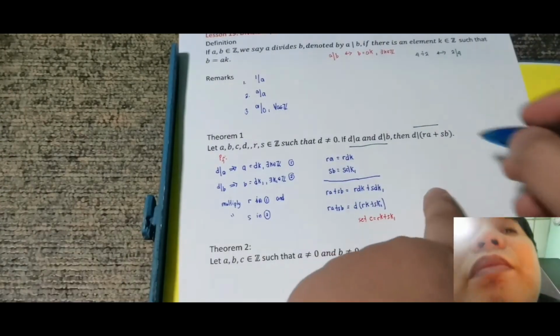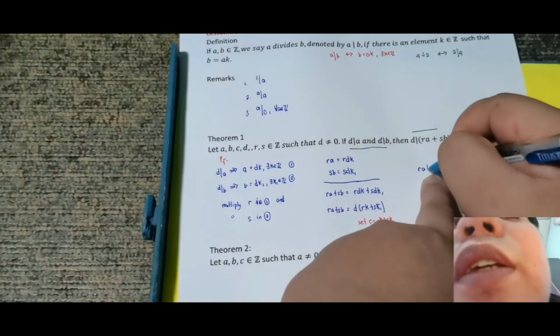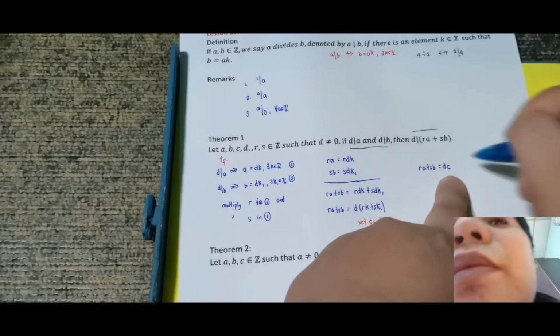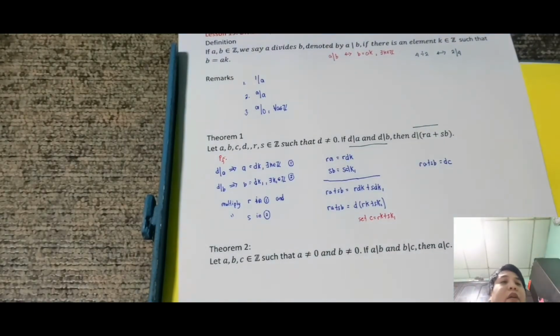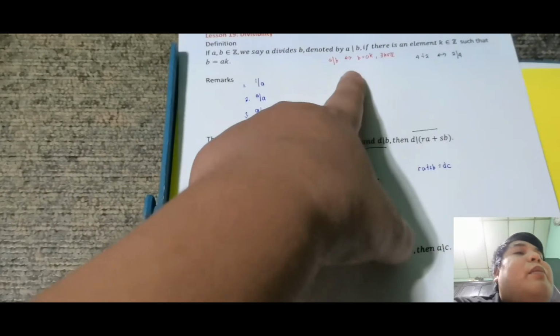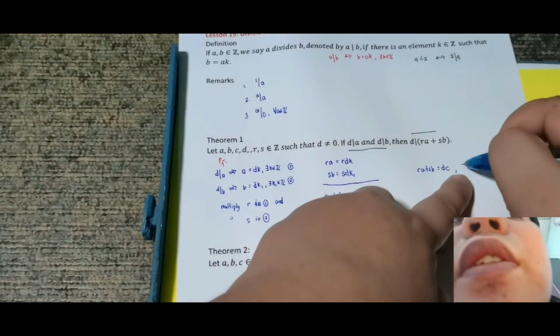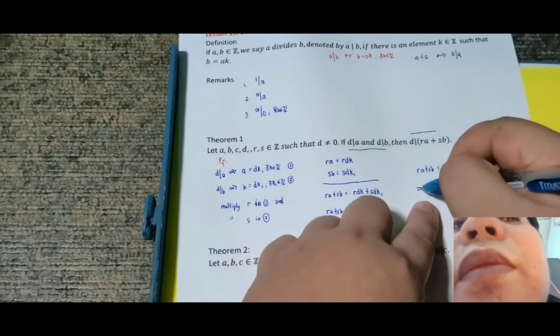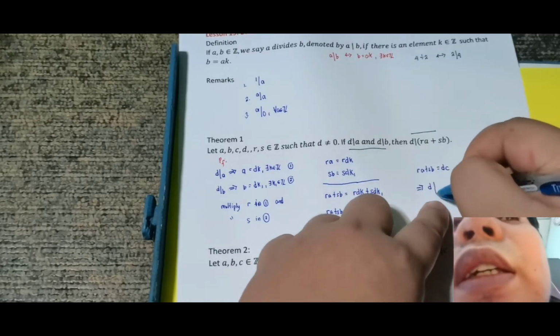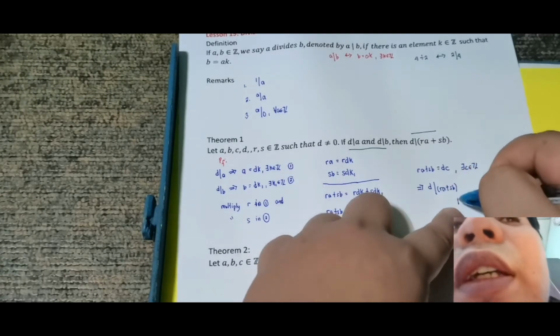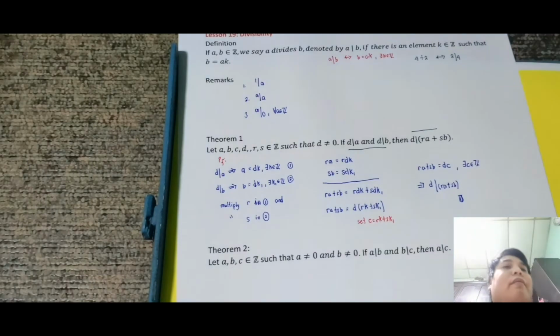So we will have RA plus SB is equal to DC. Since by definition of divides, babaliktarin ko lang, since may nag-exist na C na element ng integers, this implies that D divides RA plus SB, and this is done.